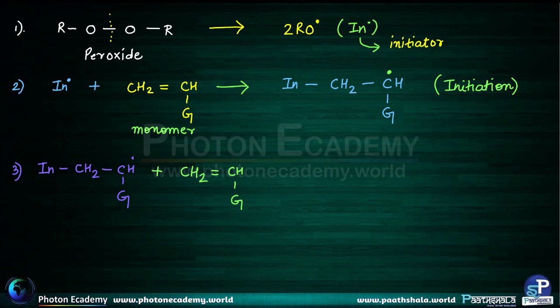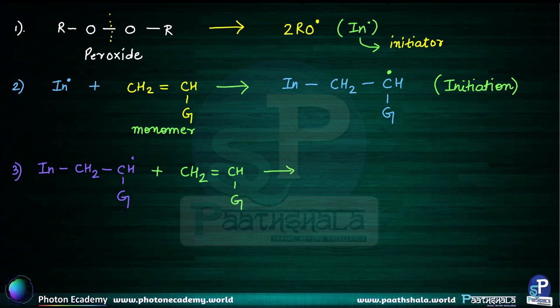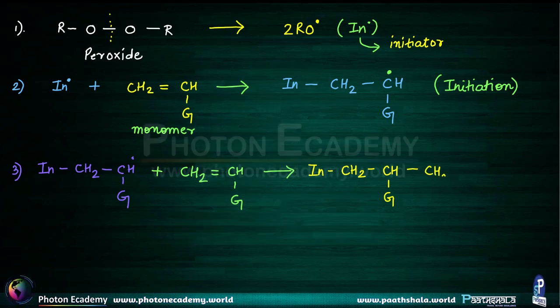When this attacks the monomer again, what we get is the initiator, then the CH2 group, followed by CH with the G, followed by CH2, followed by CH with a G. Now the radical is shifted over here.